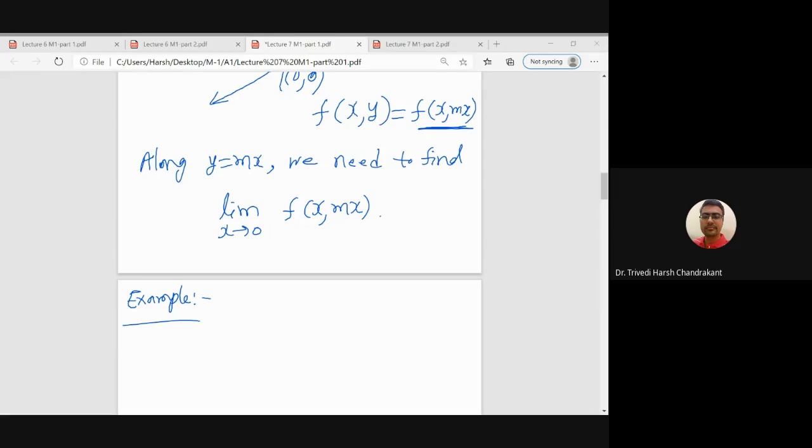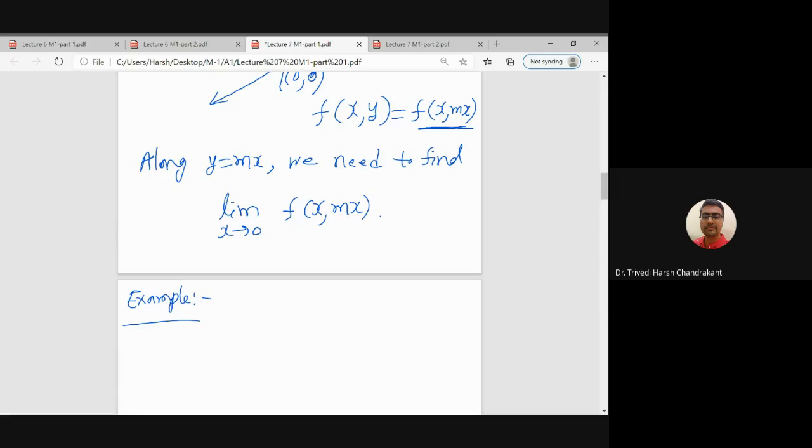First apply different paths. If the limit is different, then the limit does not exist. If along all possible paths the limit is the same, then there is a chance that the limit actually exists, and whenever the limit exists, we need to prove it by only one method, that is the epsilon delta method. Of course, the sequential method we can also use, using the squeeze approach, which we discussed in the last lecture.